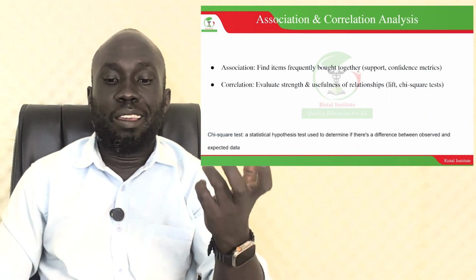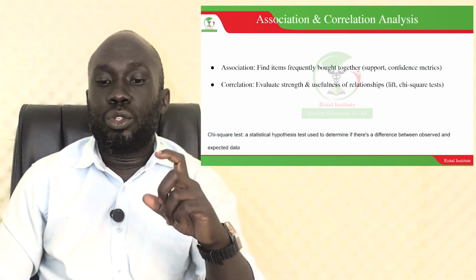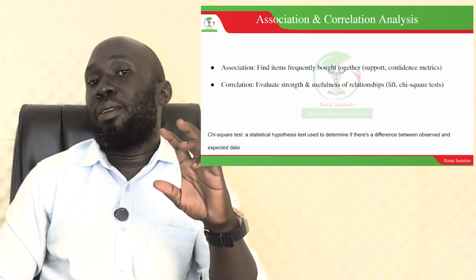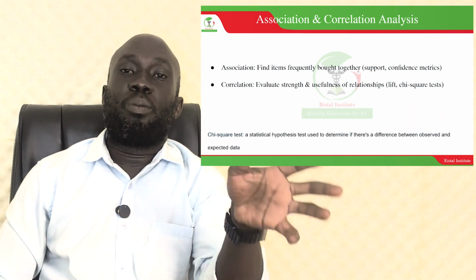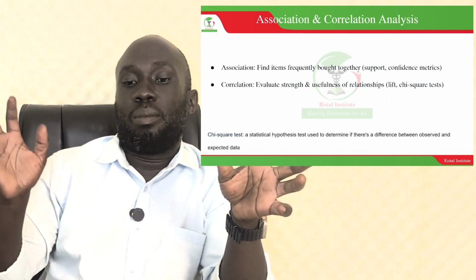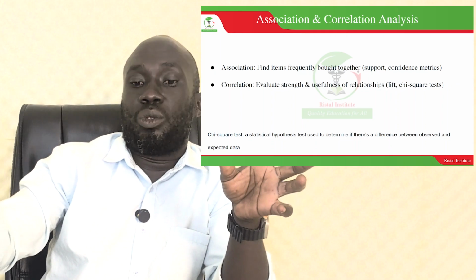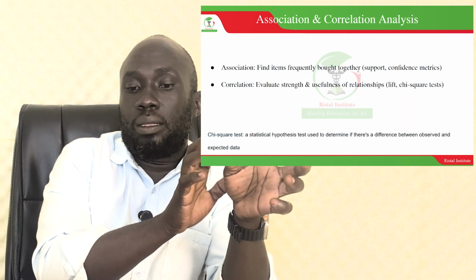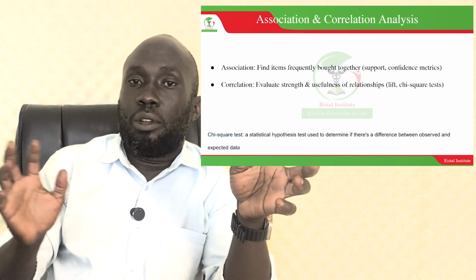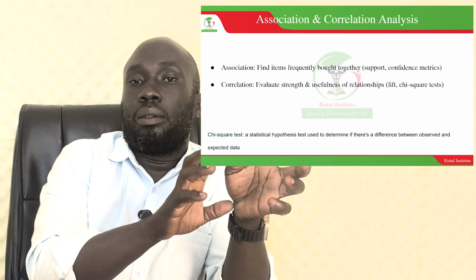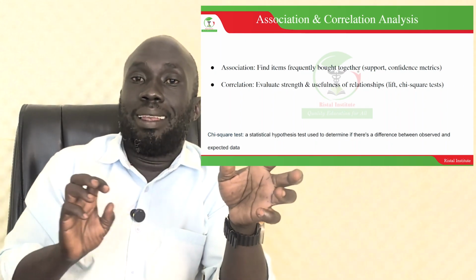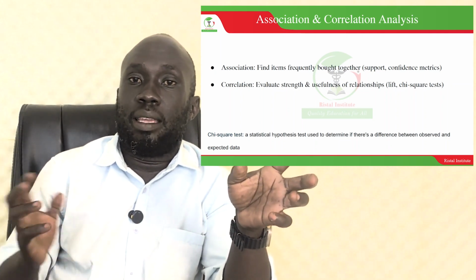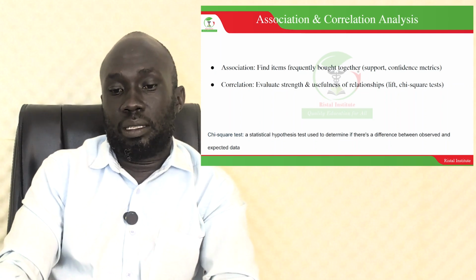And then correlation evaluates the strength and usefulness of relationships. For example, when people buy this product, they usually buy this as well. So it's about the relationship between the two products, and the likelihood of this product being taken when that product is purchased.